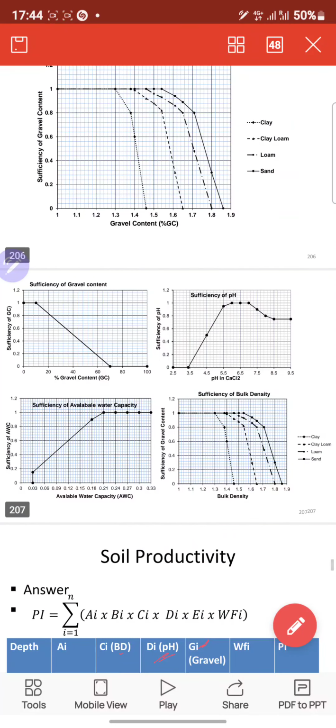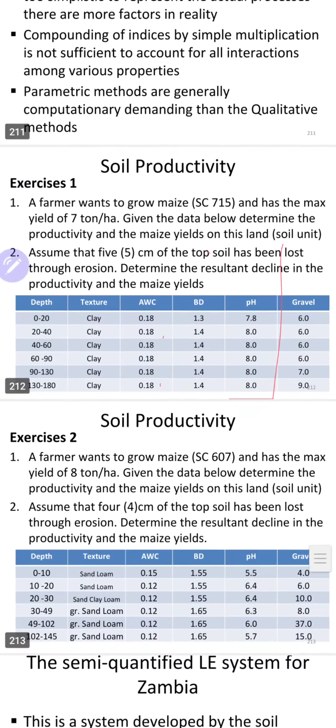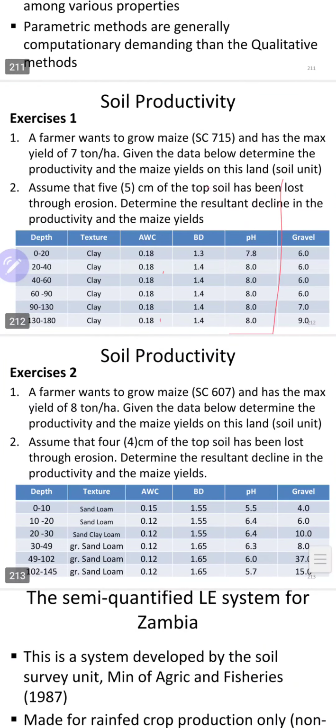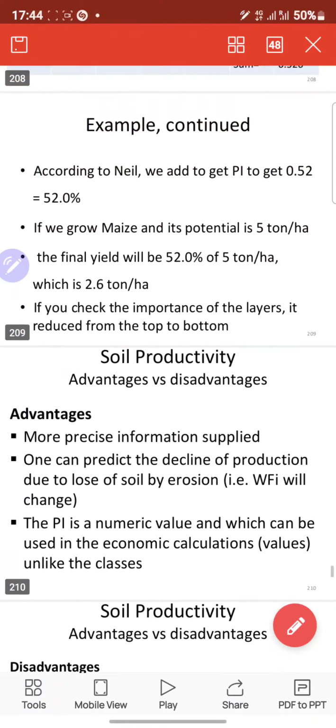1.3 bulk density, 1.3, which is 1, and then the rest, because this is clay, the rest is 0.6. You put those figures. Then you come to pH. pH is 7.8, and then the rest is 8.